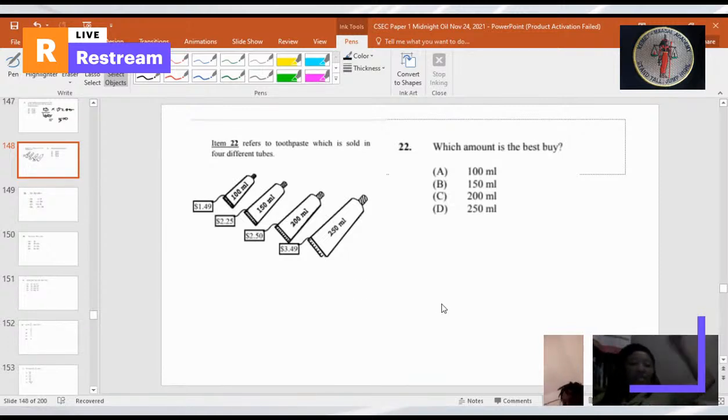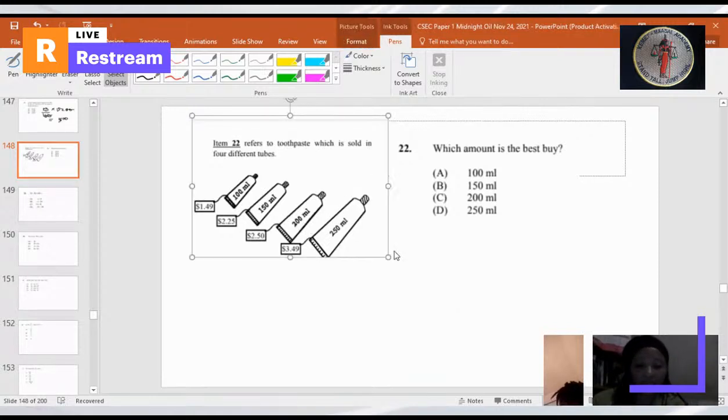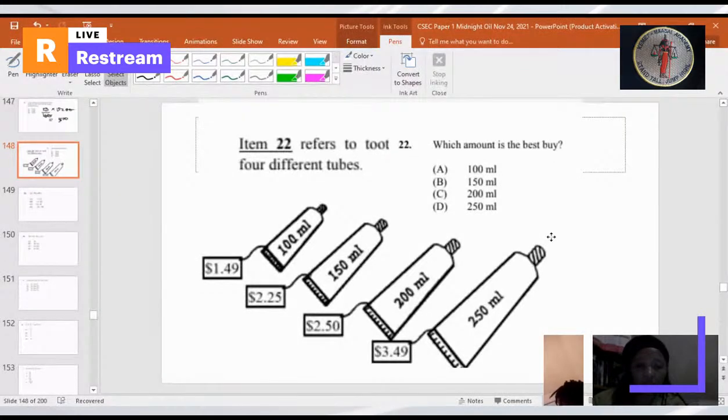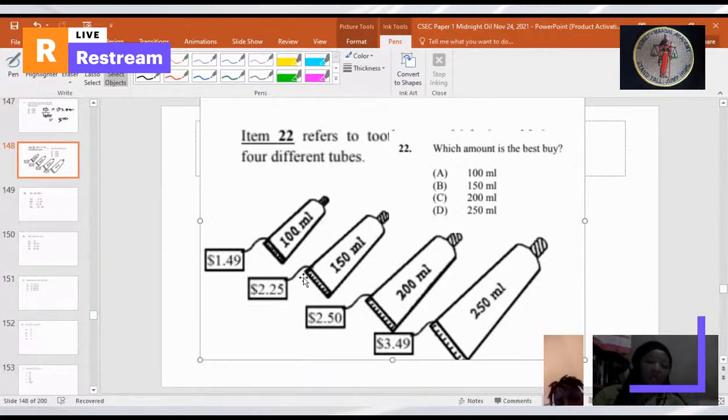Item 22 refers to toothpaste, which is sold in 4 different tubes. Which amount is the best buy? So we have 100 milliliter at $1.49, so roughly 150. 150 milliliter at $2.25.